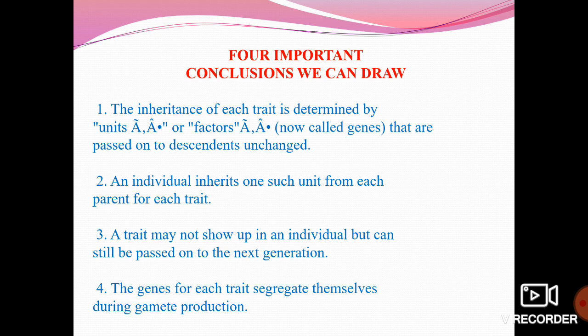It might not have expressed in you, it might have remained recessive because of your dominant gene that subdued it from being expressed, but in the subsequent generation it will show up and you will wonder where it has come from, because you might have forgotten the past generations. And lastly, the genes for each trait segregate themselves during gamete production.